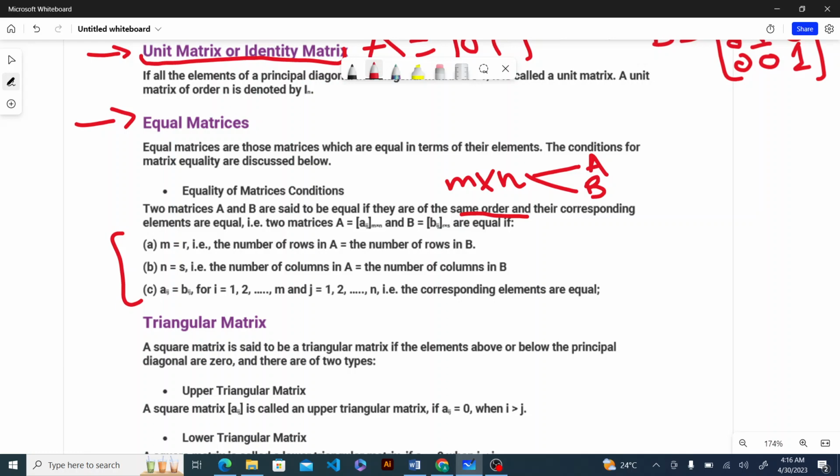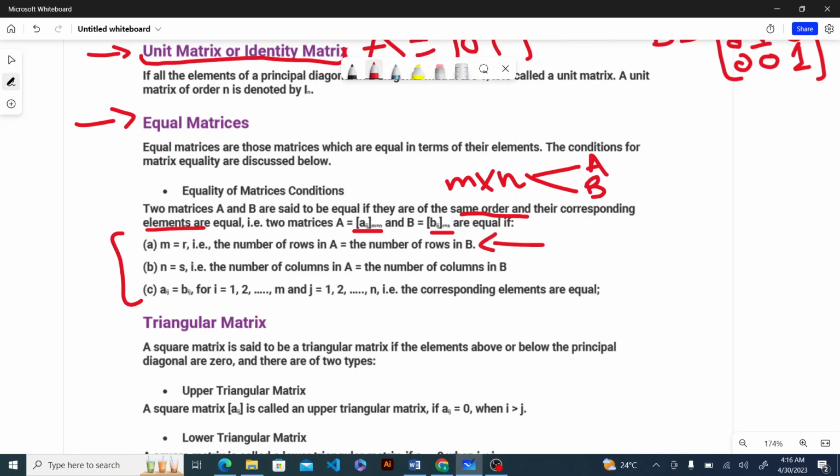If two matrices A equal to Aij m into n and B equal to Bij r into s are equal, then what condition should be fulfilled for equal matrices?